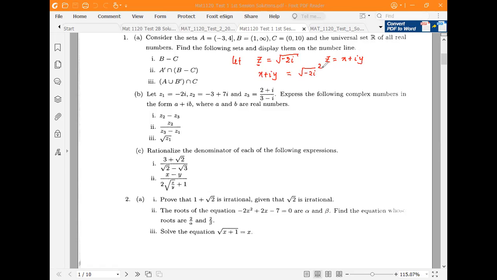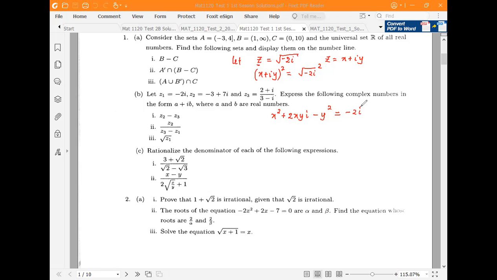Then we square this side, we also square this side. So that we get x squared plus 2xyi, then minus y squared equal to minus 2i.